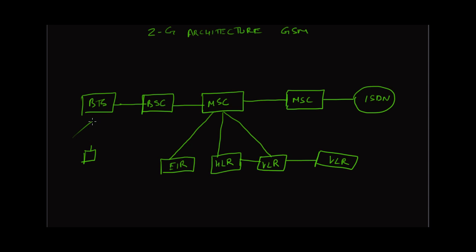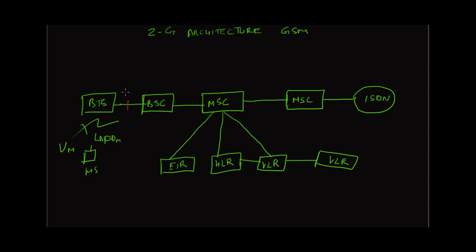Let's look at the interfaces. The Um interface is the interface between the mobile subsystem and the BTS, and the protocol between them is LAPDm, which means it is specifically modified for GSM.